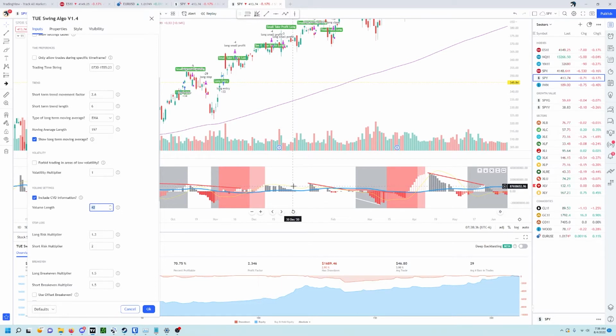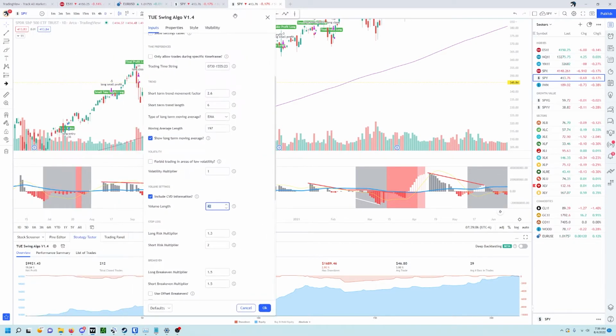The yellow line in the CVD indicator is essentially an average over time of how the volume is moving, whether we're building bullish or bearish volume. When this is turned on, it takes that into account for trade opening factors. So if you want to open long trades but the volume is going against you, it's not going to open them.